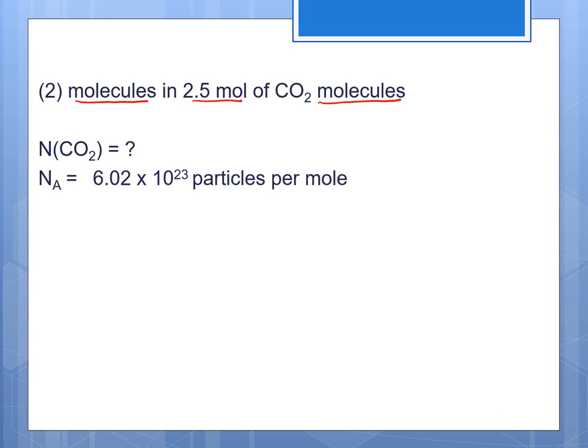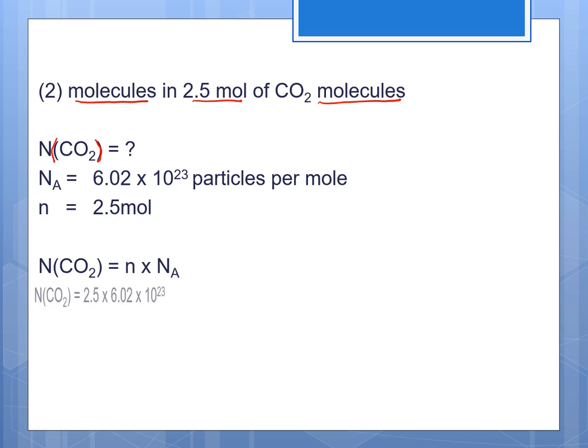So now all I need to do is I'm looking for big N of CO2, and you'll notice here that we're using these brackets to specify what it is that we're counting, the number of CO2 molecules. Avogadro's constant. Our number of mole was given in the question as 2.5 mole of CO2 molecules. So now we can substitute into our formula.